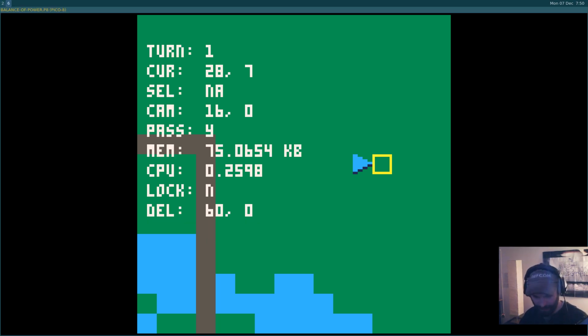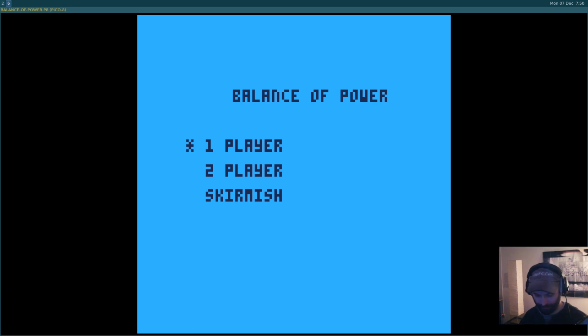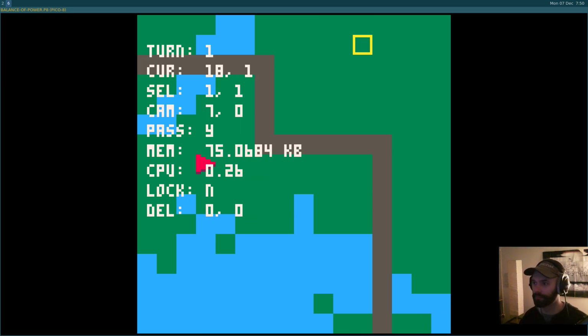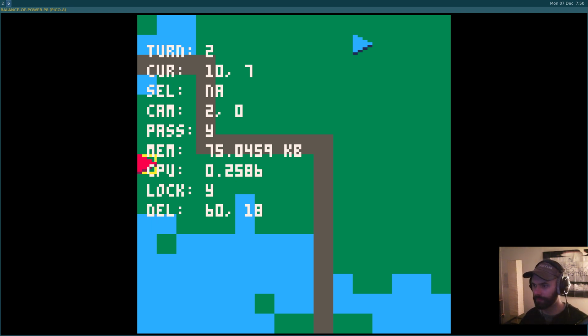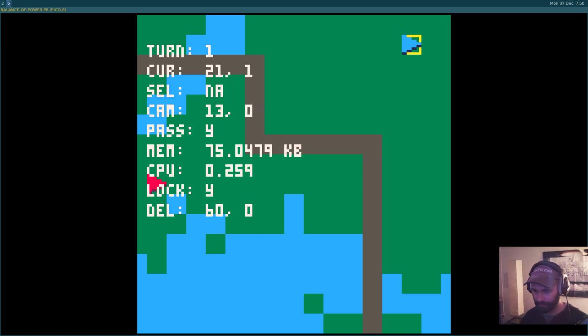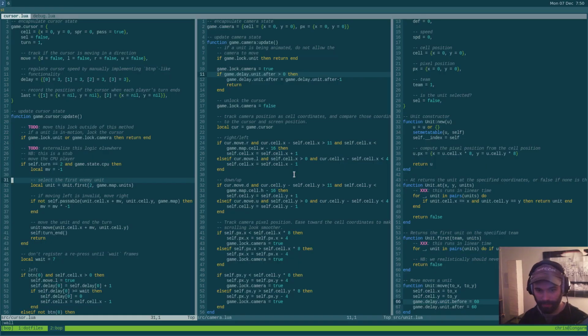What does this look like in two-player mode? In two-player mode, we don't need anything to change.